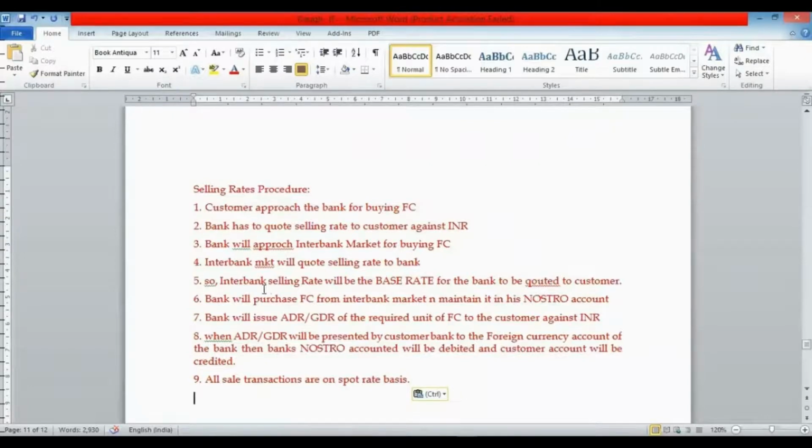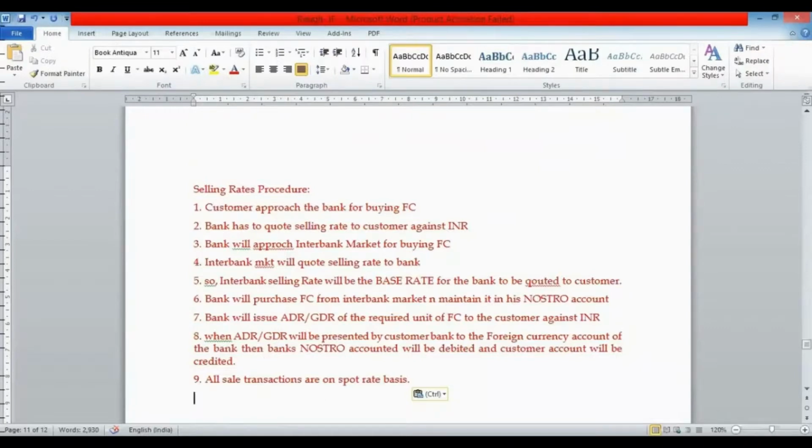The bank will issue an instrument, that is ADR, American Depository Receipt, or GDR, Global Depository Receipt, for the required units of foreign currency to the customer against the INR. When the ADR or GDR is presented by the customer's bank to the foreign currency account of the bank, then the bank's nostro account will be debited and the customer account will be credited. All sale transactions are on a spot basis. This we have discussed, which I have noted down.